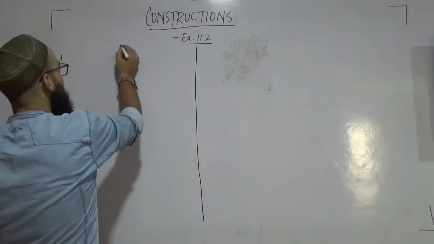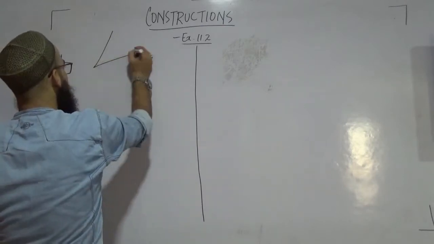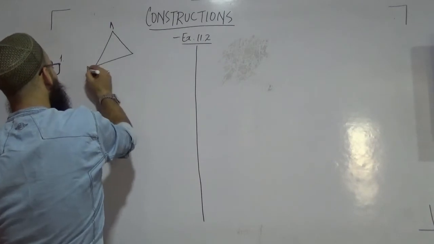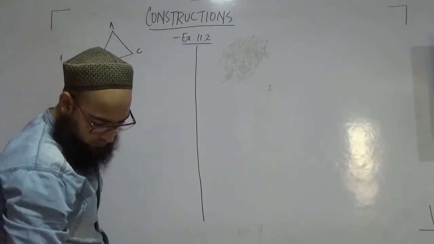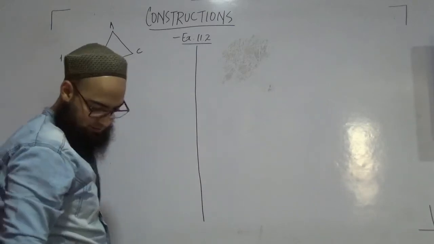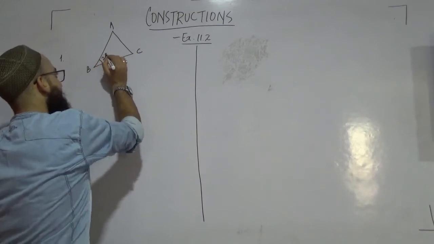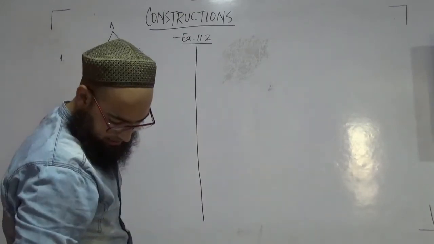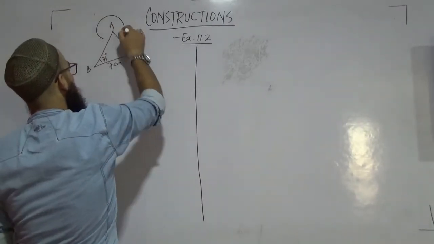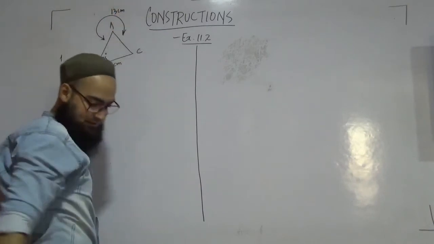So you are going to construct triangle ABC in which BC is equal to 7 cm. Angle B is equal to 75 degrees. AB plus AC is equal to 13 cm. AB plus AC, the sum of these two sides, is 13 centimeters.